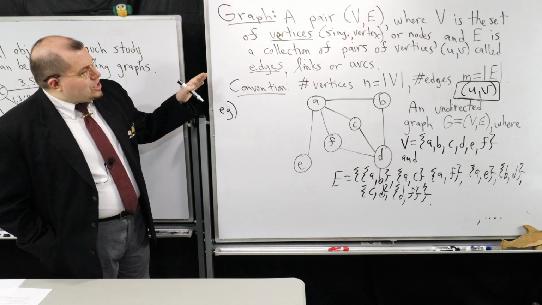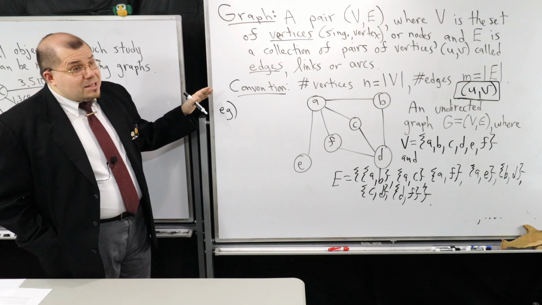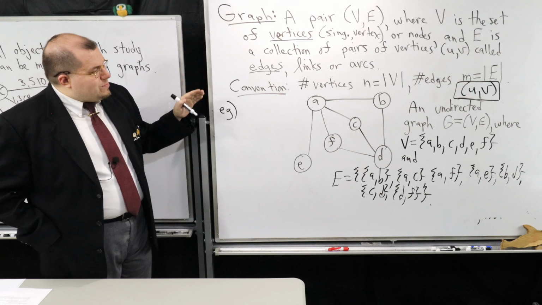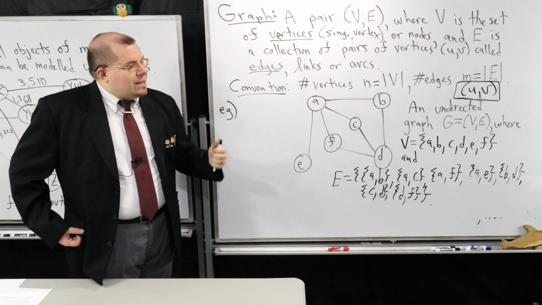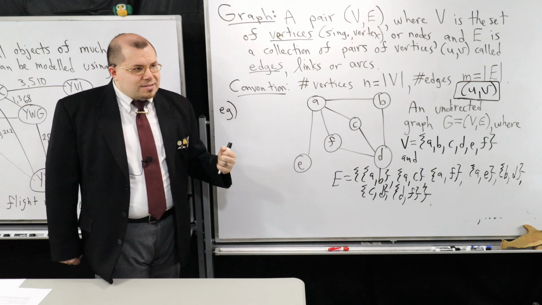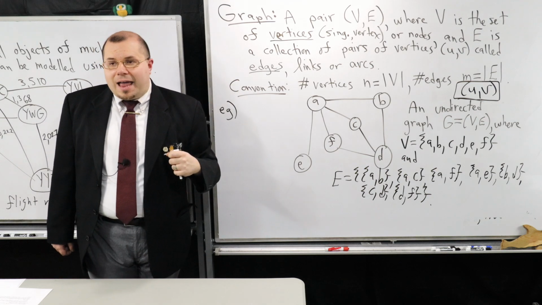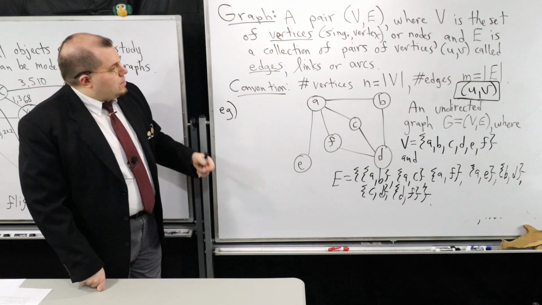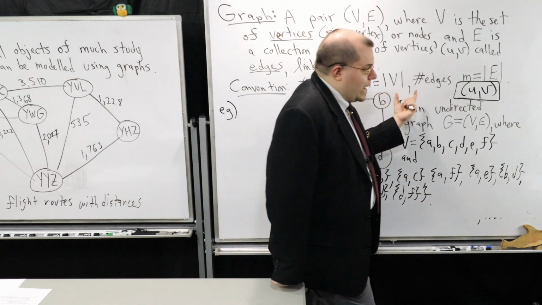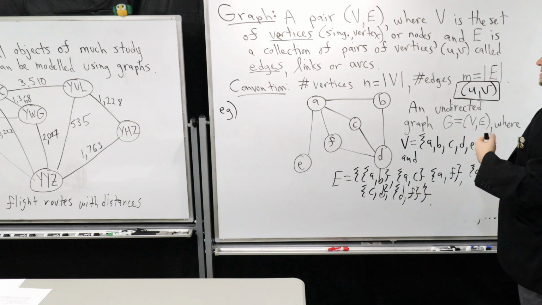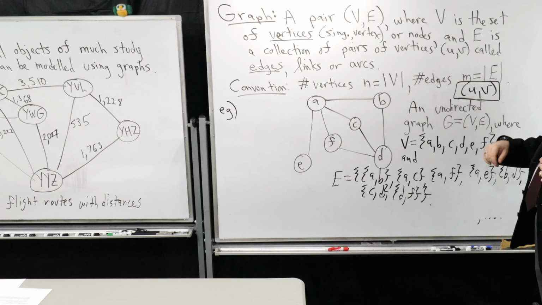As a matter of convention, when I have one of these graphs, if I use lowercase n, that refers to the number of vertices, and the number of edges is m. Note that these bars just represent the cardinality, or the number of elements in that set, just like this one here.